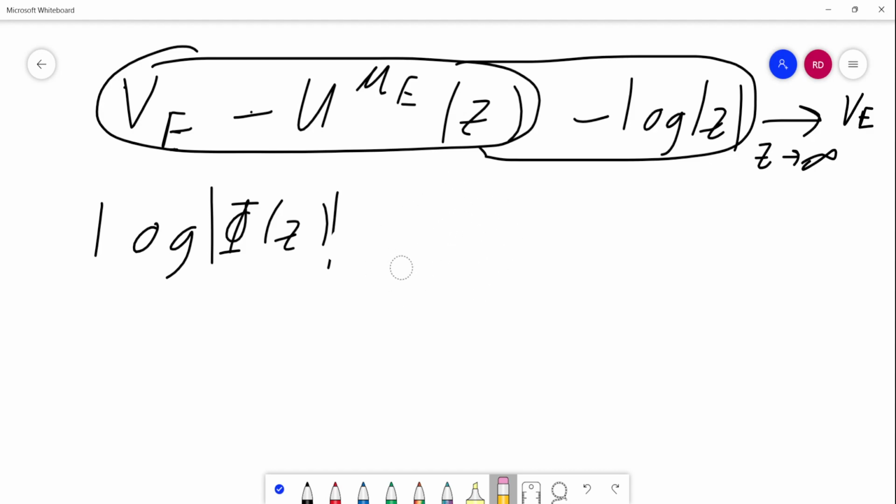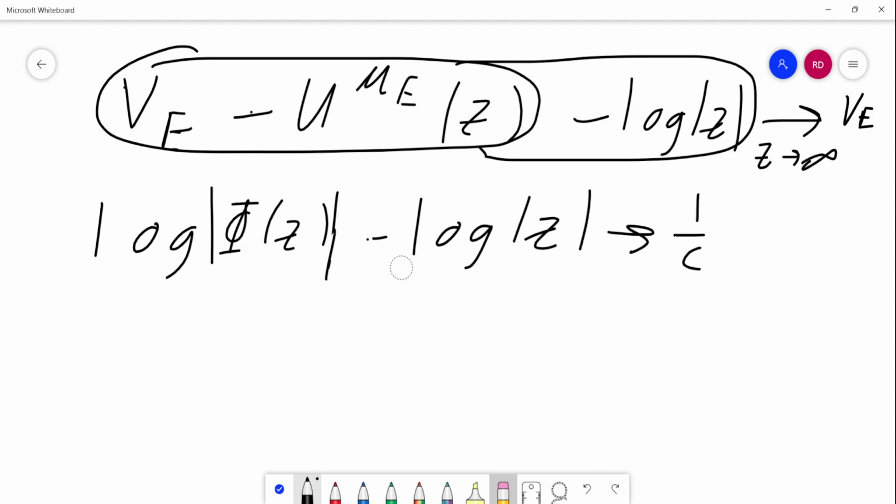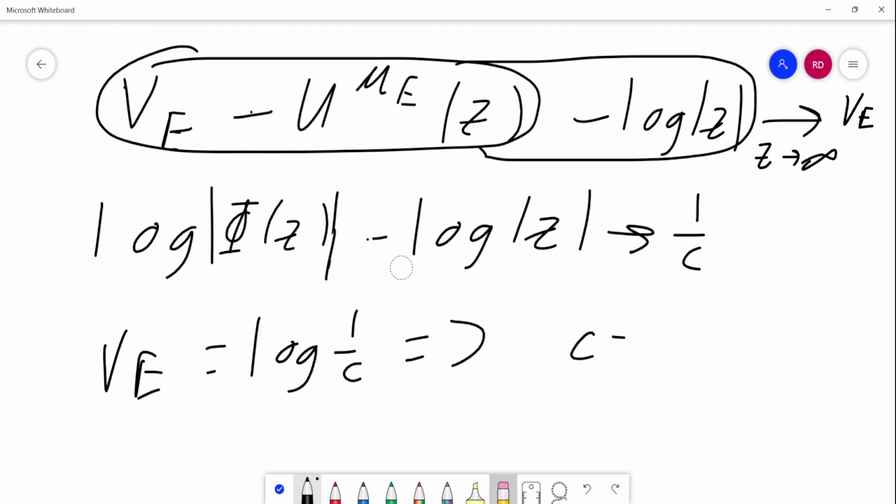I meant to say not log phi of z itself, but log phi of z minus log z goes to 1 over c. That's what we showed a few minutes ago. So therefore, V_E equals log 1 over c. We work that out. That gives us c is the capacity of E. That's how capacity was defined. It is e to the negative V_E.